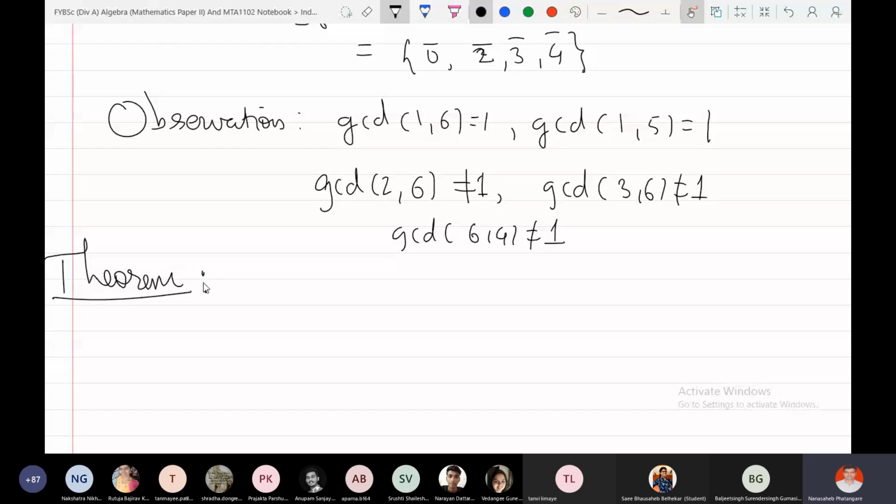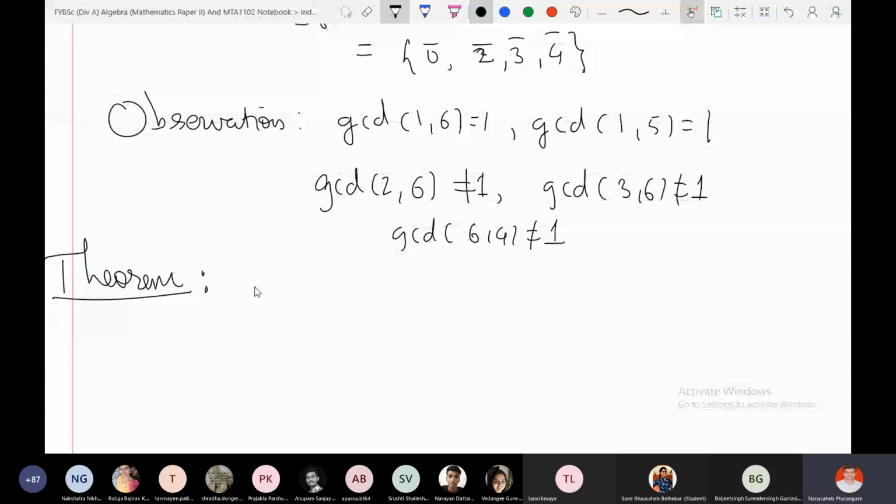Here I am talking about n equal to 6, right? But I want to make a statement which is independent of n. Whatever n you choose, look at Zn, and that statement fits that Zn, right? I make the general statement.